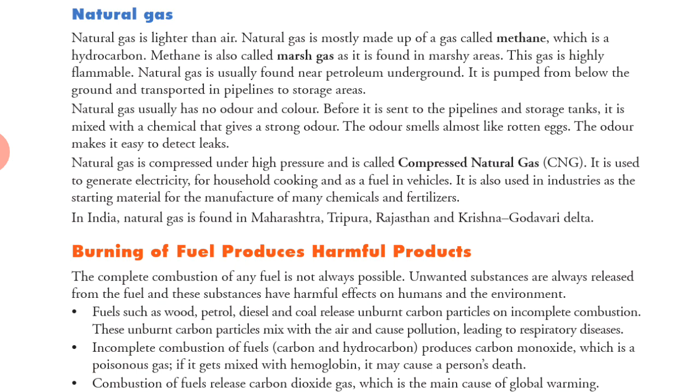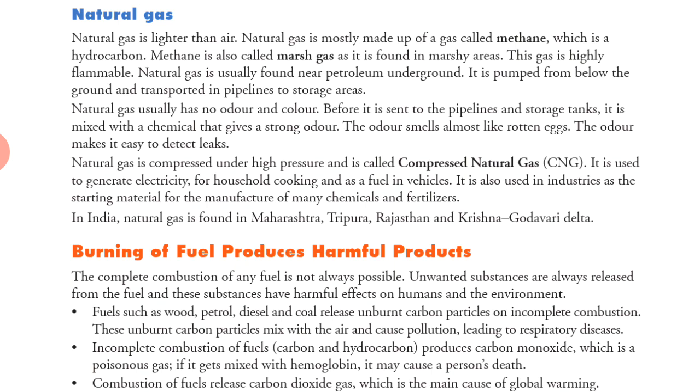Otherwise you would not be able to find a leakage of this gas because it is colorless and odorless. Natural gas is compressed under high pressure and called compressed natural gas, CNG. It is used to generate electricity, for household cooking, and as a fuel in vehicles also.